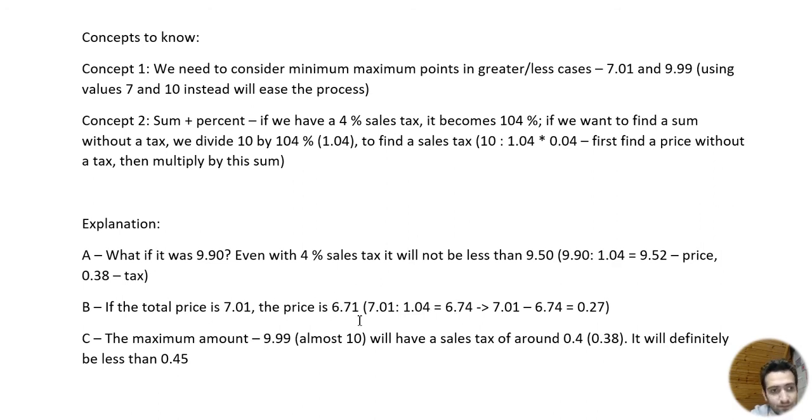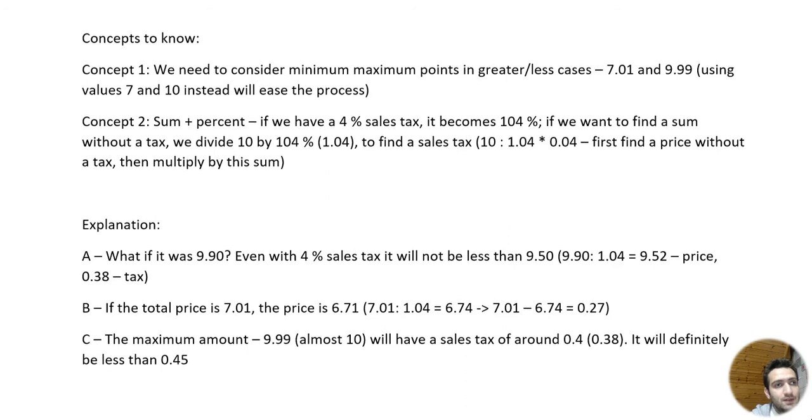My apologies, 6.74. Well, you actually don't need to do this because you are not required to find the sales tax. I just showed it to you. So the price will be more than 6.70.